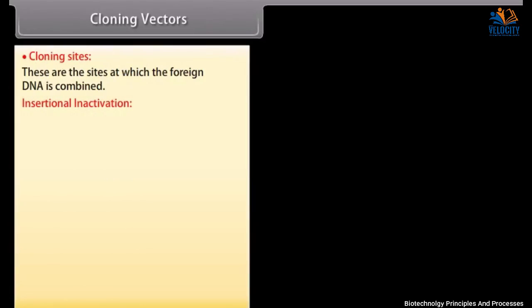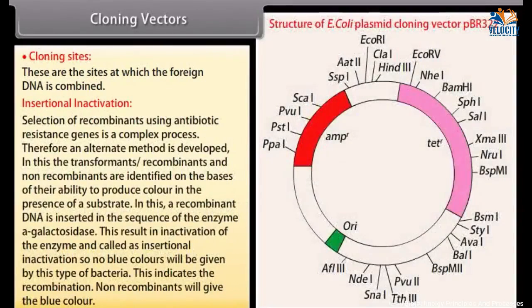Insertional inactivation. Selection of recombinants using antibiotic resistance genes is a complex process. Therefore, an alternate method is developed. In this, the transformants, recombinants and non-recombinants are identified on the basis of their ability to produce color in the presence of a substrate.